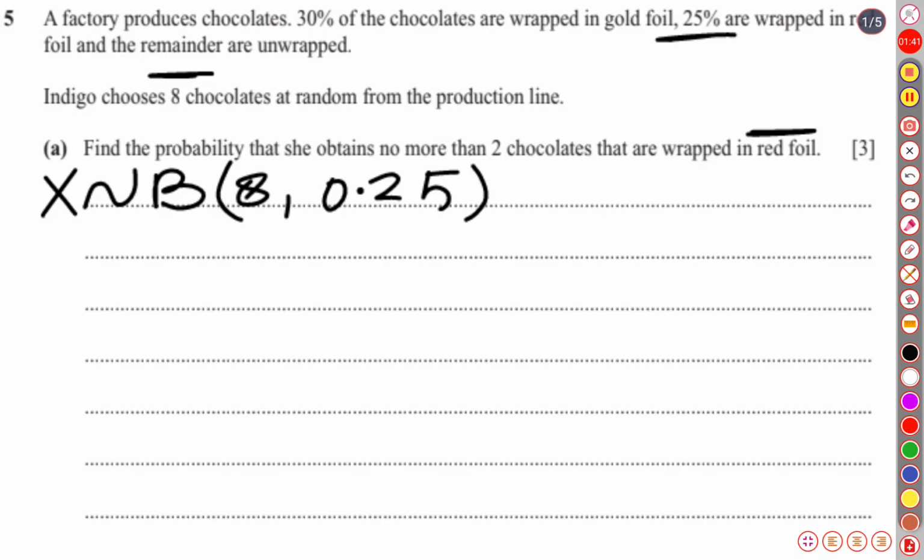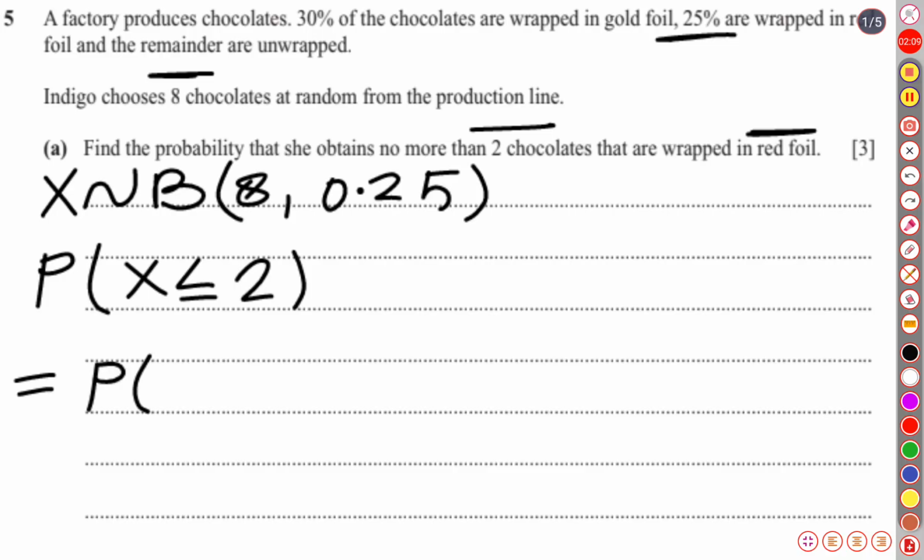Well, then they have told us to find the probability that she obtains no more than 2 chocolates. So X is less than or equal to 2. That means she might not pick any chocolates in red foil, so X equals 0, there was no chocolate wrapped in red foil.